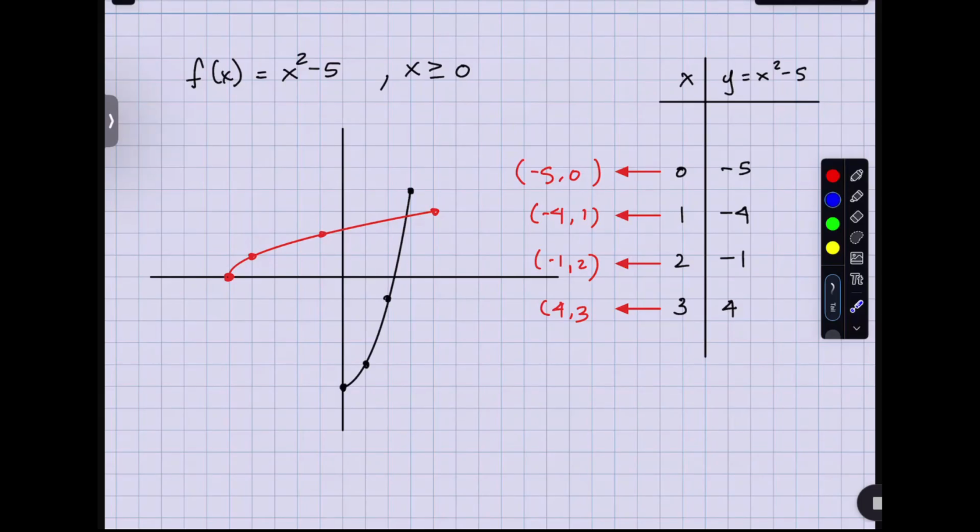F of x from day one, we said that is your parent function. So that's why when I plug numbers in, I use that equation to plug in my points, and then I switch to x and y. Or I just find points right on the graph.